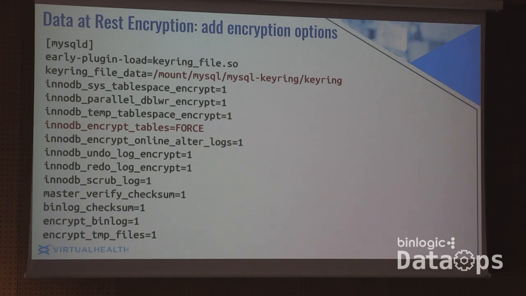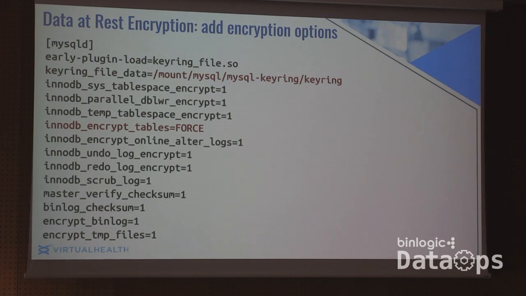A couple of things to point out here. The first is innodb_encrypt_tables=FORCE. Again, this applies to the Percona implementation of encryption. I think all of those options, except for this one, are now part of the MySQL 5.7 implementation. But I used Percona Server 5.7 for this test.